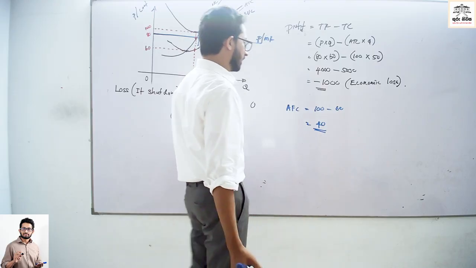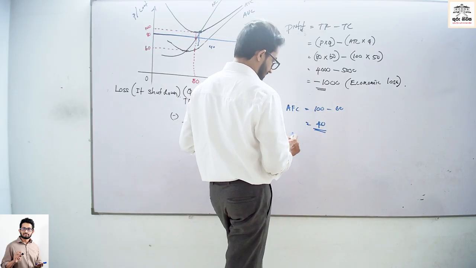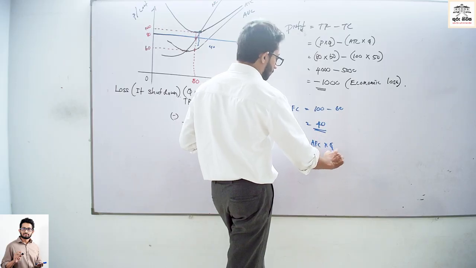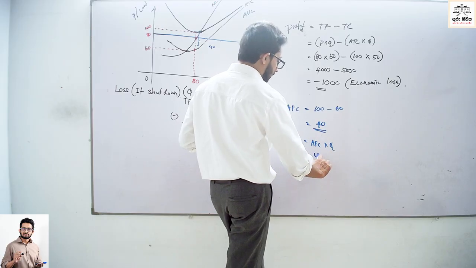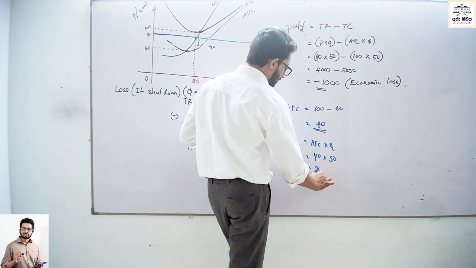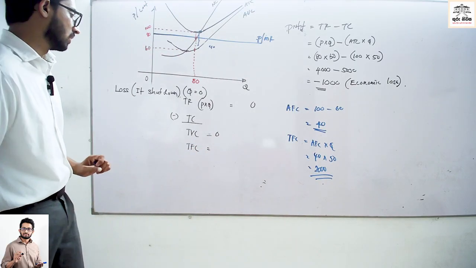Then how to calculate total fixed cost? TFC equals AFC into quantity. AFC is 40, quantity 50. Then total fixed cost is 2000 rupees.